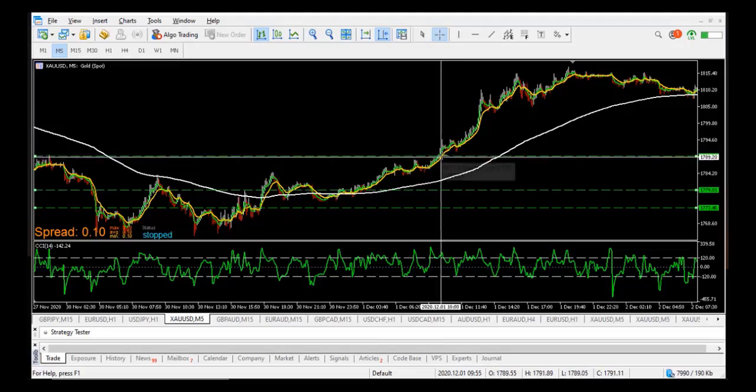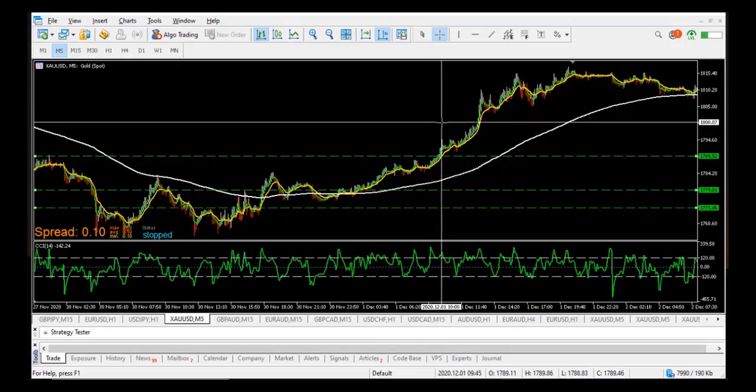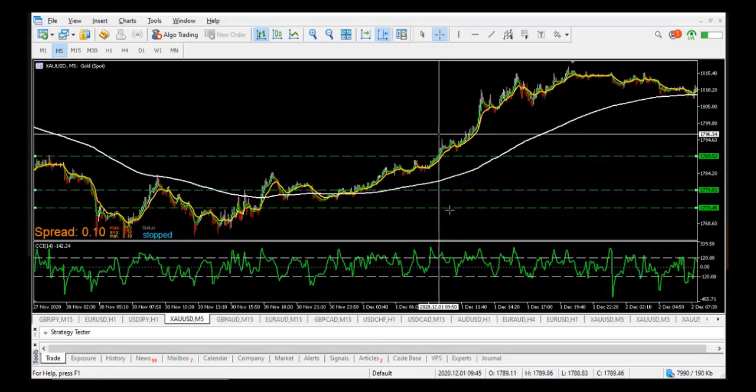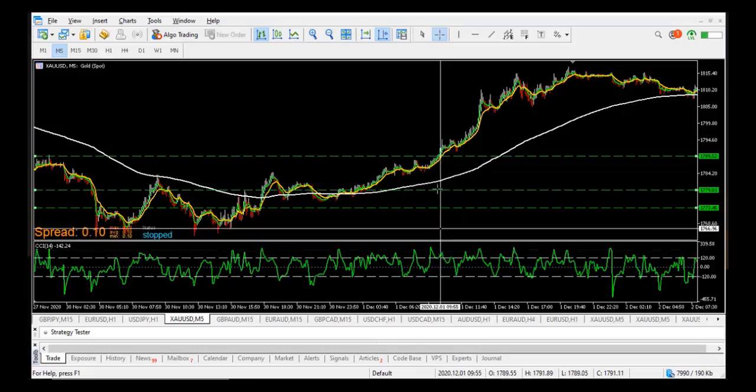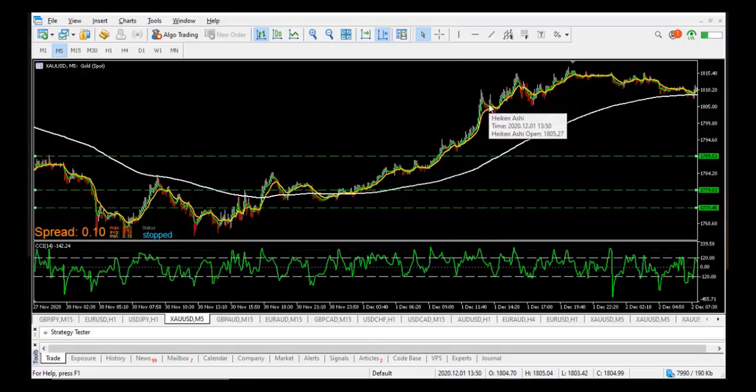Immediately when we take profit at this point, you can see another trade setup is established, where the 4 EMA and the 12 EMA are still above the 200 moving average, and you can see the CCI indicator right here is above the 120. Buy trade, set 100 pips take profit as well. If you go, you'll be able to close about 2-3 consecutive trades.